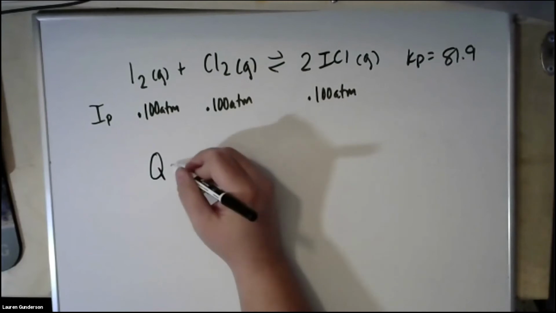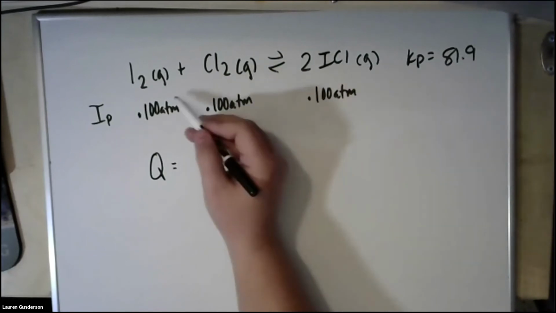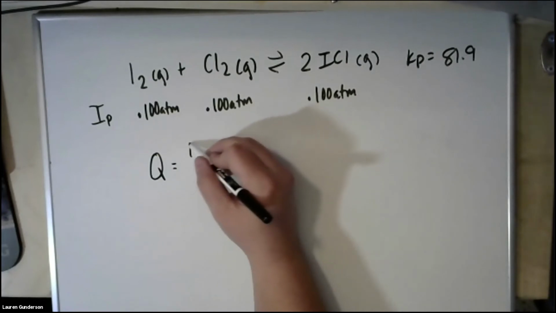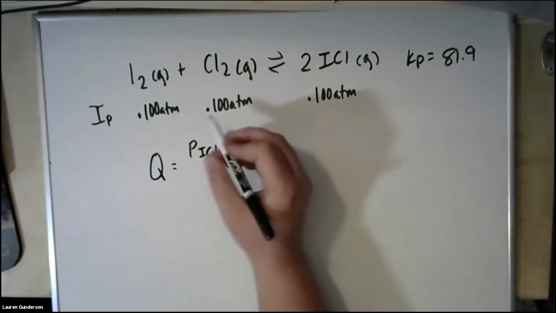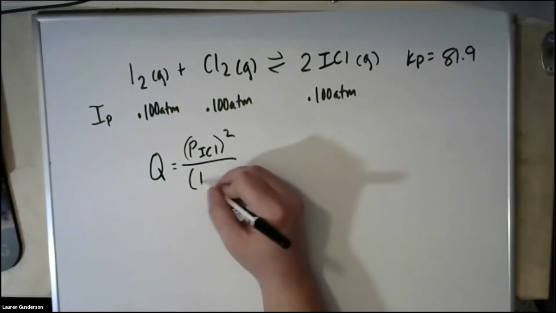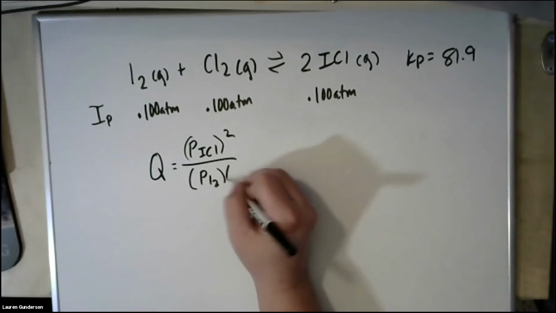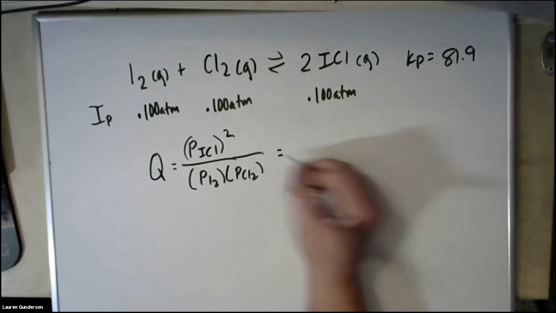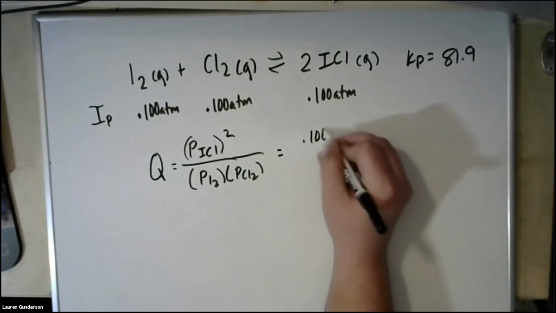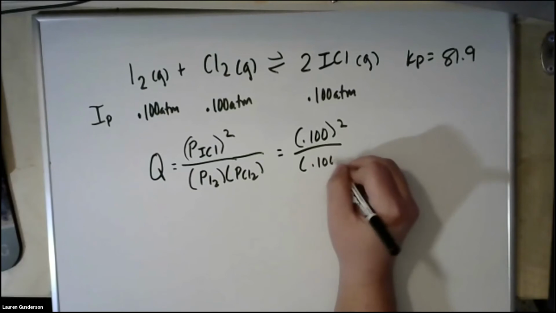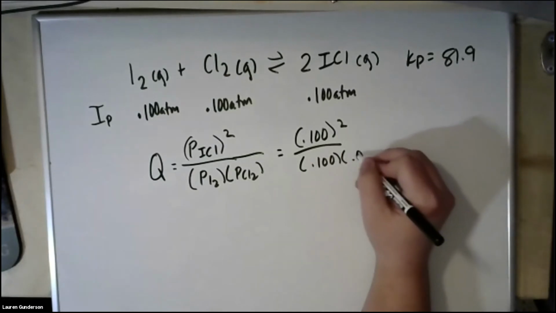So to calculate Q, I'm going to do the products over the reactants raised to the coefficients. So it'll be the pressure of ICl squared over the pressure of I2 times the pressure of Cl2. Okay, so that gives me 0.1 squared over 0.1 times 0.1, which is 0.1 squared.